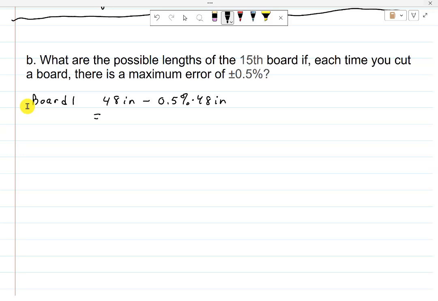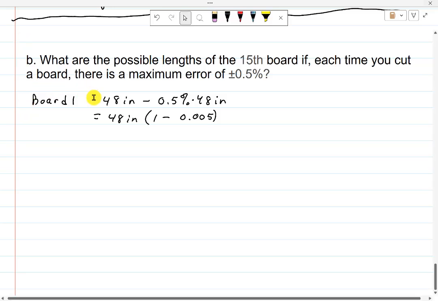I'm going to factor out 48 inches and convert that 0.5% to a decimal. Hopefully you can see that. When I factored the 48 from this first piece, it left behind a 1. When I factored the 48 from the second piece, it left behind 0.005.